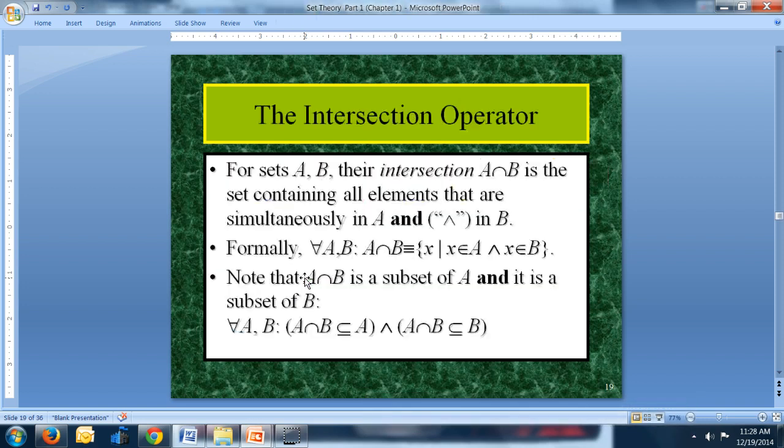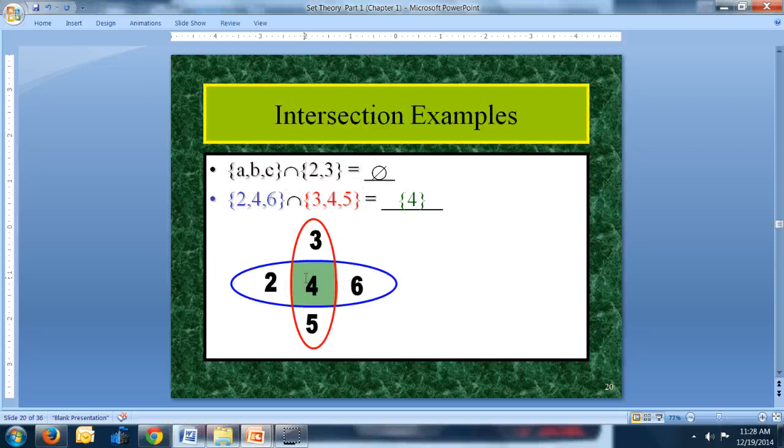Now, if we refer to the intersection, then the intersection would be the common elements between A and B. So here is an example. Two sets that are not intersecting will have an empty set as their intersection, because they don't have any common elements.